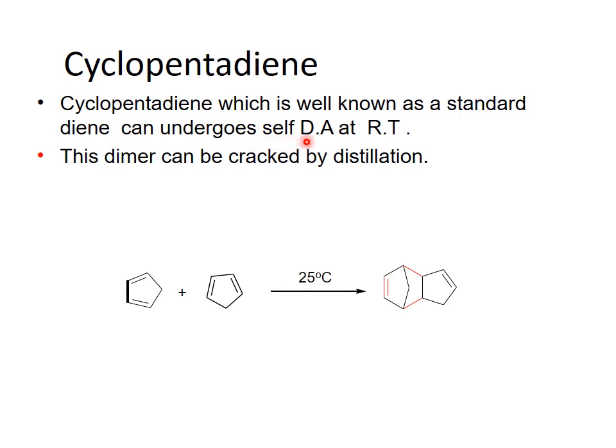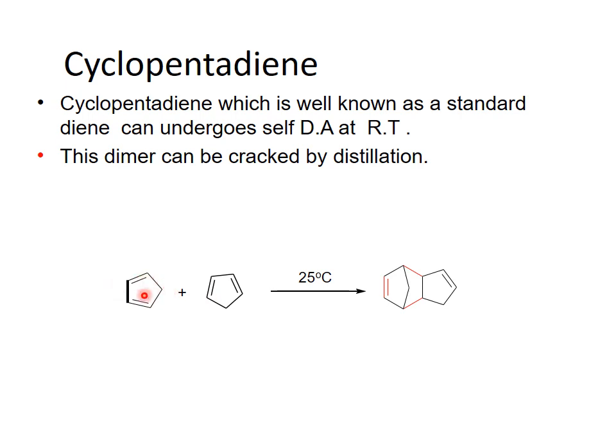See, this is one molecule of cyclopentadiene, it will act as a diene, and the other molecule of cyclopentadiene will act as dienophile. See this one, 1, 2, 3, 4. These 4 carbon atoms will be involved in the Diels-Alder reaction, and these 2 carbon atoms of the dienophile will be involved in the bond formation.